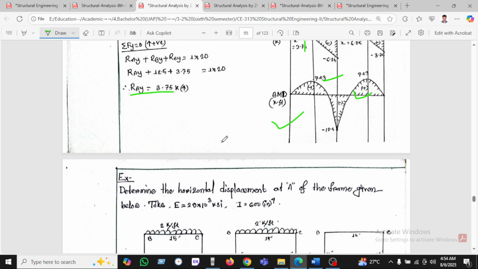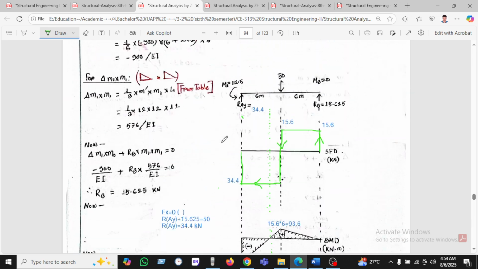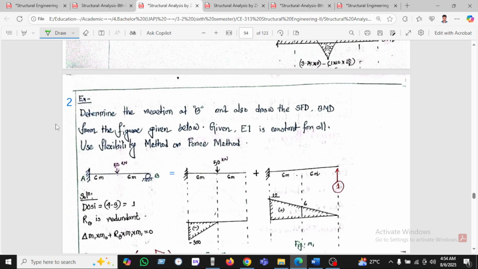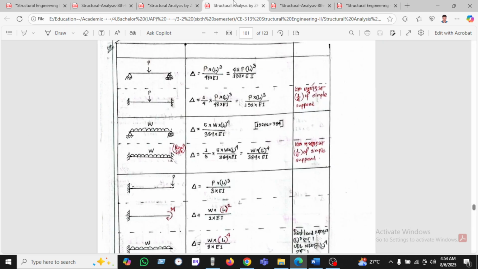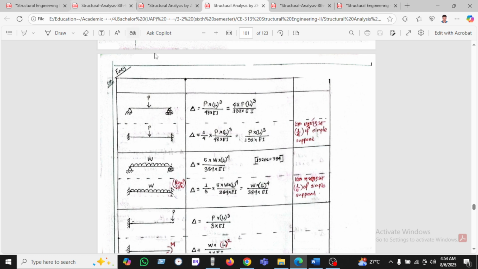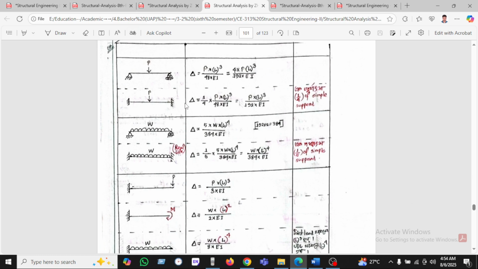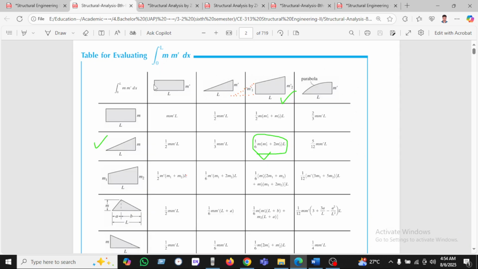Let's see another example here, where we have used just the deflection formula. It is the same math, but we can use the table evaluation.